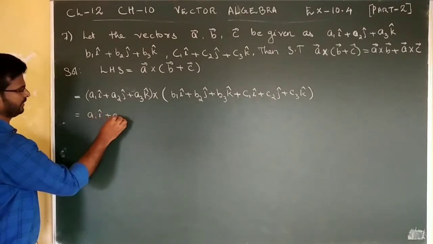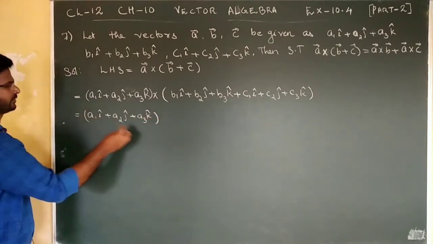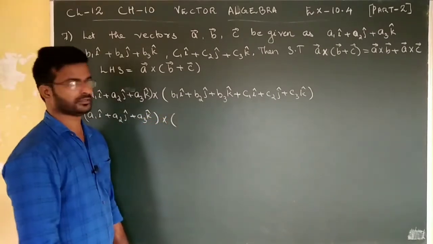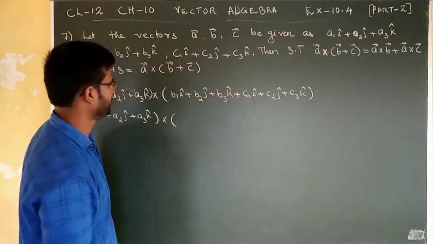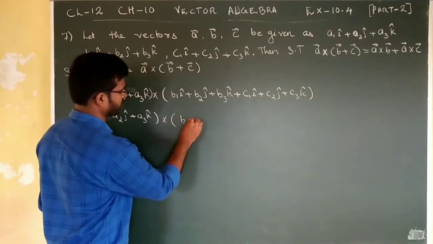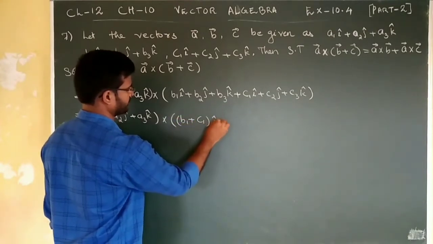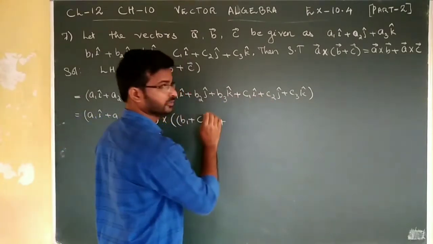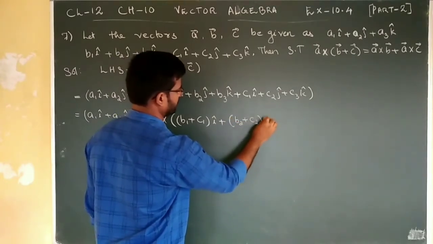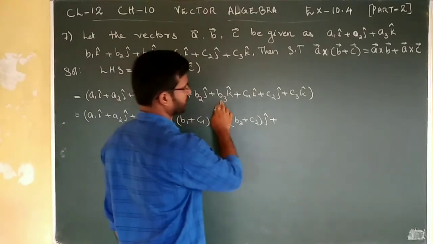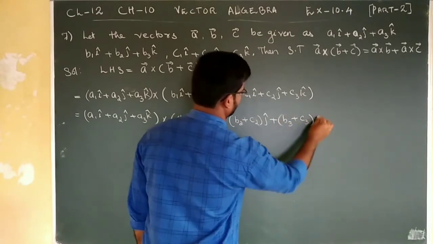A1i vector plus A2j vector plus A3k vector, as it is, we can write cross. In here we can see I term, in here also I term. We can add both similar terms: B1 plus C1 I vector, then B2 plus C2 J vector, then B3 plus C3 K vector.